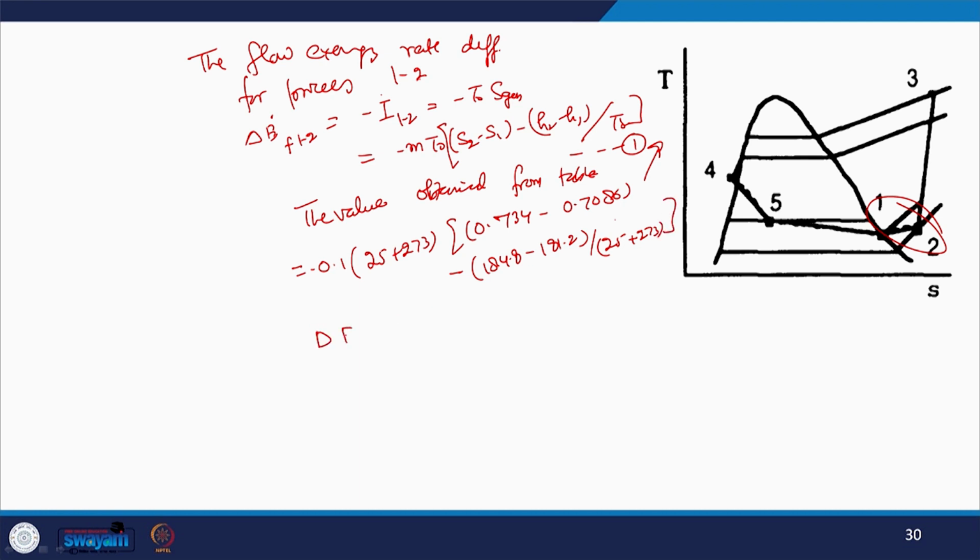So delta EF from station 1 to 2 comes out to be minus 0.352 kilowatt.